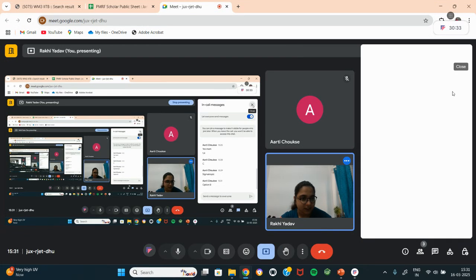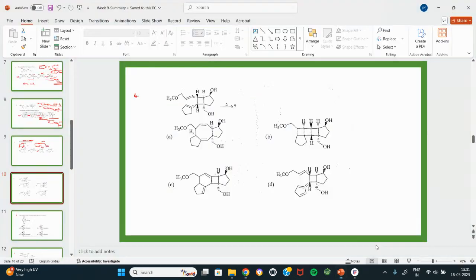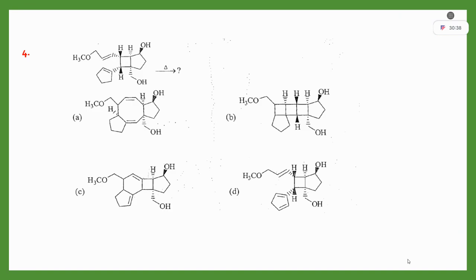Option B. Let's see. So in option B, I think you have done 2 plus 2. In order to get option B, only 2 plus 2. But you should know this thing that 2 plus 2 reaction between two olefins occurs in photochemical condition. But here heating is there. So 2 plus 2 can't be possible.